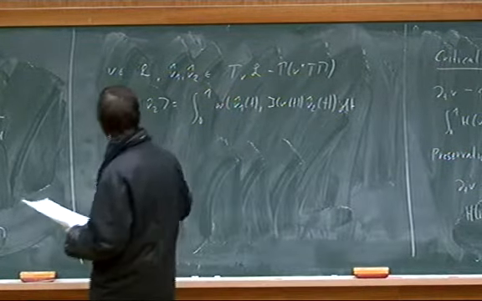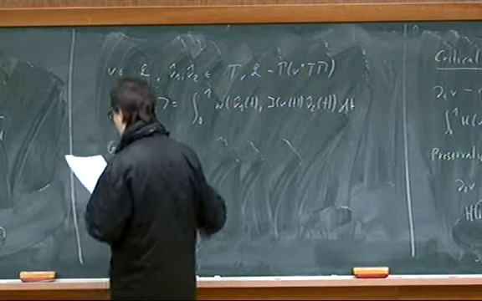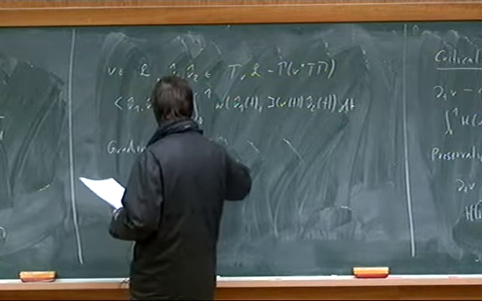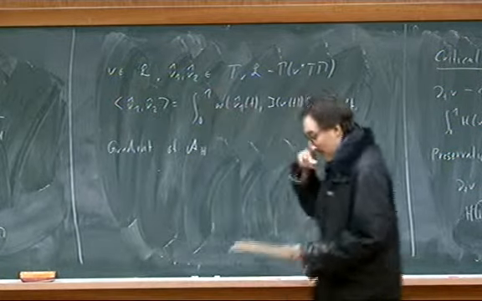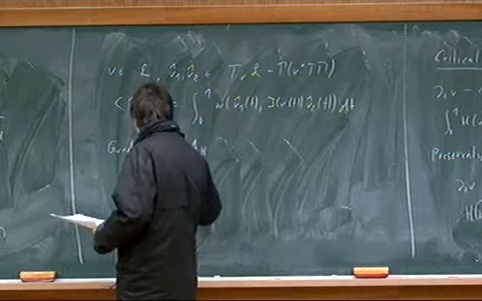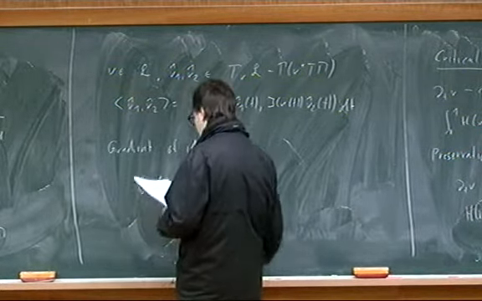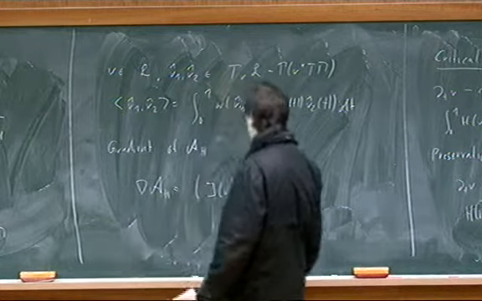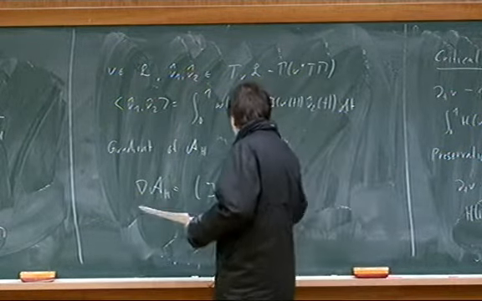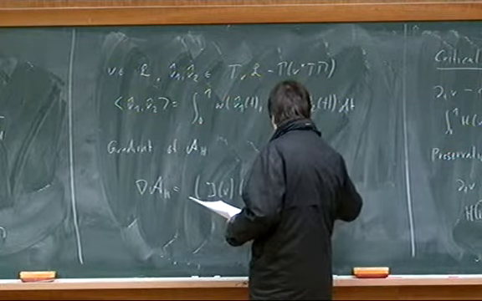And the gradient of AH with respect to this metric, if you compute this, is just J(V) dTV minus XH(V).